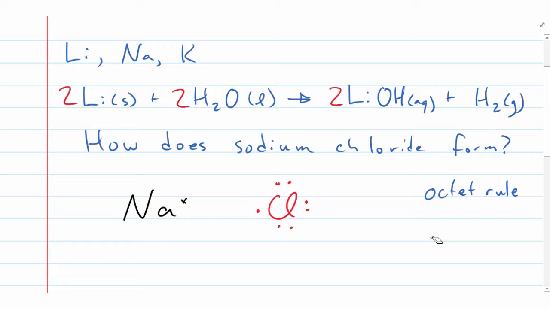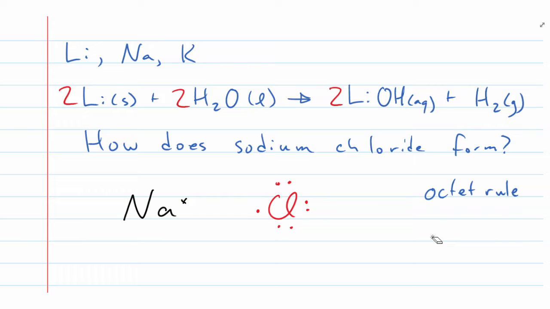So sodium has 1 valence electron, and so its easiest way to get to 8 would be actually to lose it. Because if sodium loses a valence electron, that is, if it loses 1 electron, it then winds up with 10 electrons, which is the same number of electrons as neon, which is a noble gas. And the easiest way for chlorine to get to 8 is to gain 1.